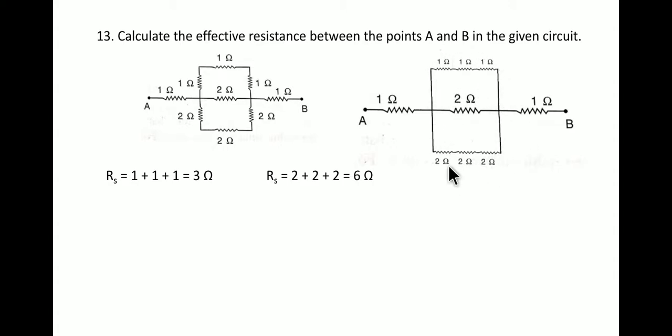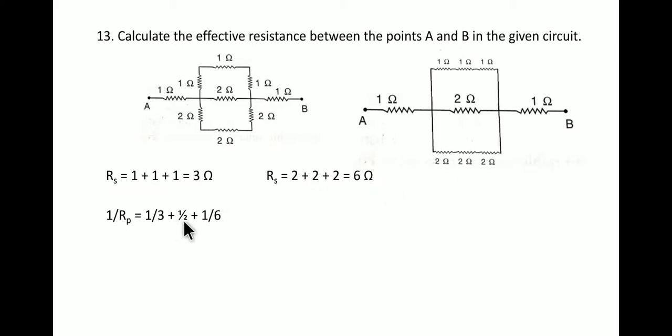Connected in parallel, again the formula will be 1 by Rp is equal to 1 by 3 over here, 1 by 2, there is only 2 ohms over here, and 1 by 6, this is 6, isn't it?